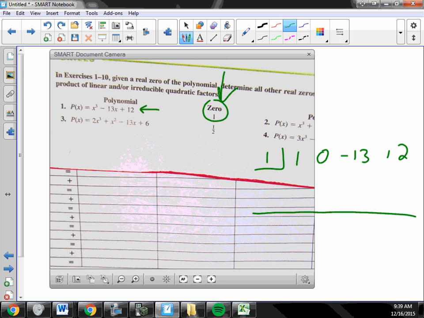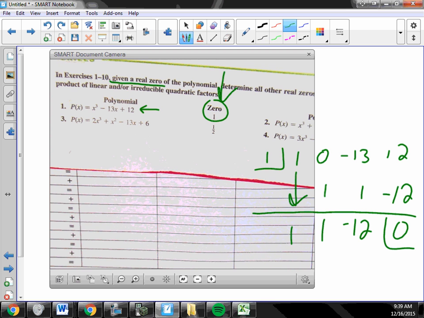It's already going to be 0, because it told me in the beginning that is a root. And whenever you synthetically divide using one of the roots, you'll get no remainder. So 1, 1, 1, 1, -12, -12, 0. So I knew that was going to happen. Why did I bother to do it? I needed this equation here.